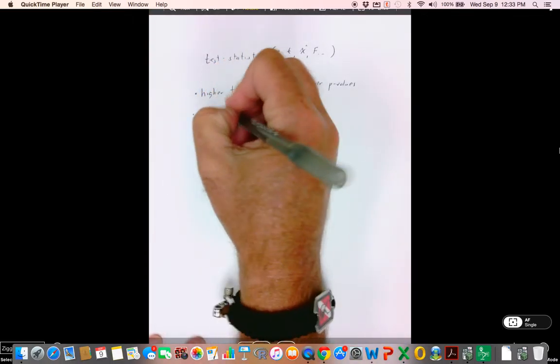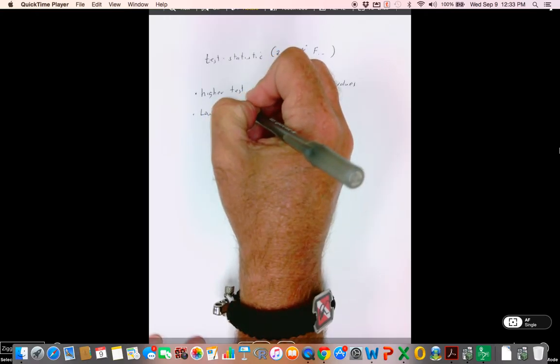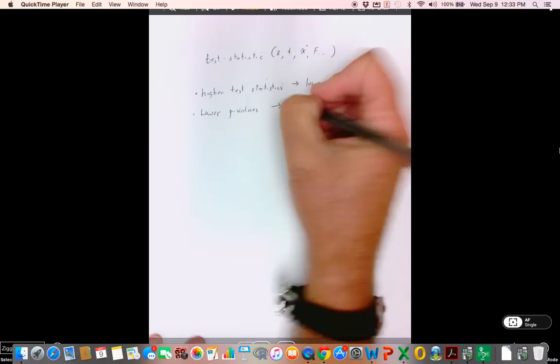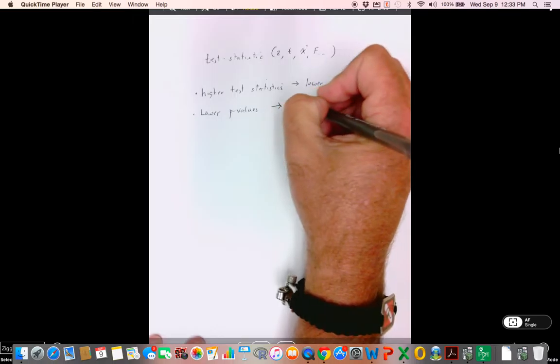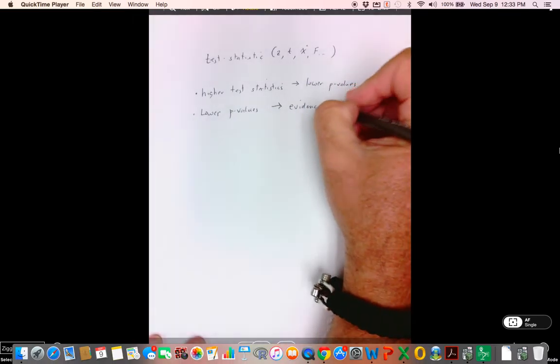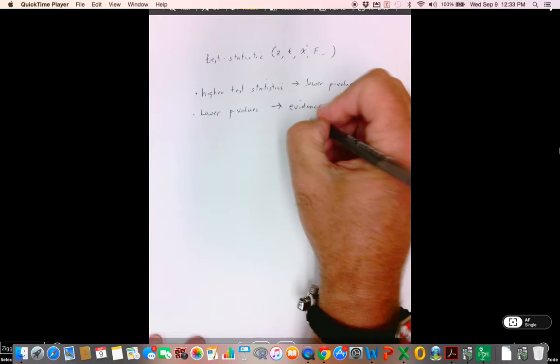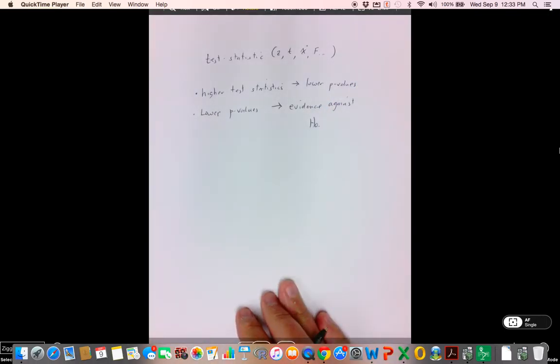And lower p-values are more evidence against our null hypothesis. All right.